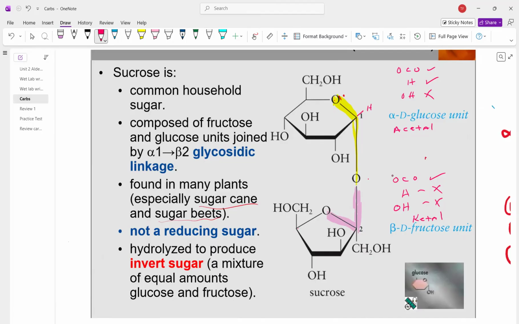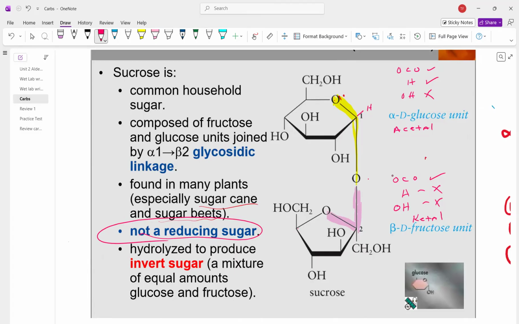Okay, so in honey, the sugar is not sucrose. The sugar in honey is glucose and fructose, separate, equal amounts of each. So honey is a sweetener also. It's just not the same as sucrose. Okay, so this is not a reducing sugar.